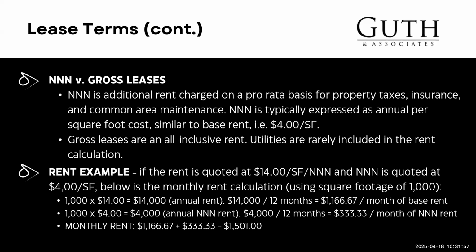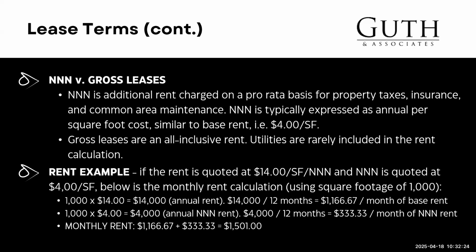A gross lease is really an all-inclusive rent, meaning the property owner pays for the property taxes, the common area maintenance, all of that. All you are paying is utilities, in addition to your base rent. Gross leases, we don't see a lot of them. There are some.